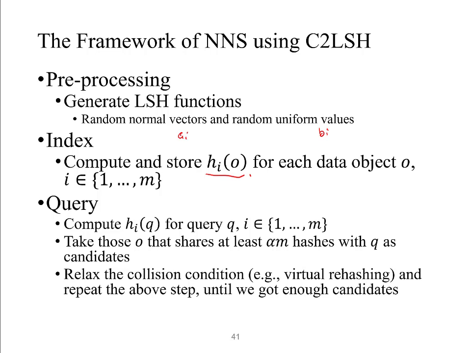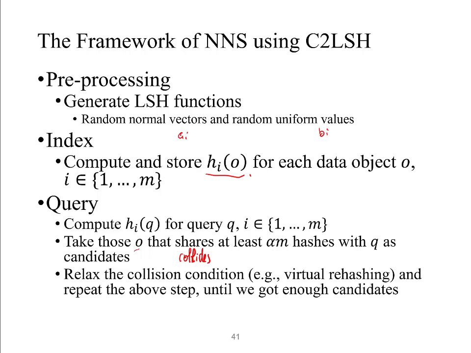For the query part, you first compute h_i of Q for the query Q, for i from 1 to m. We take those O that share or collide at least alpha m hashes with Q as candidates. If we don't get enough candidates, then we relax the collision condition.